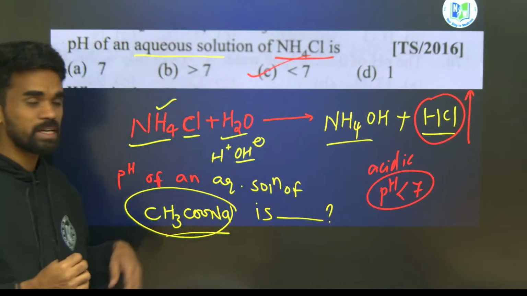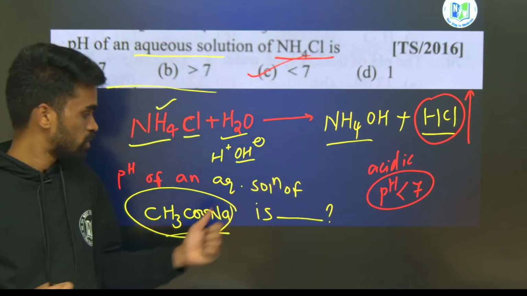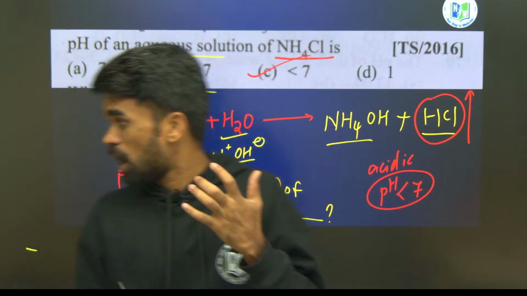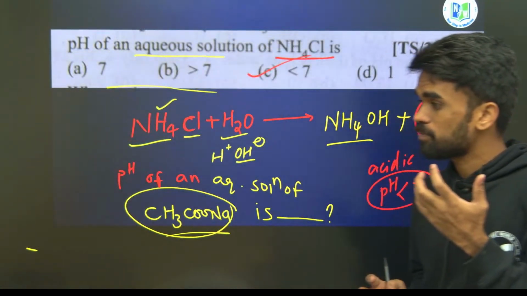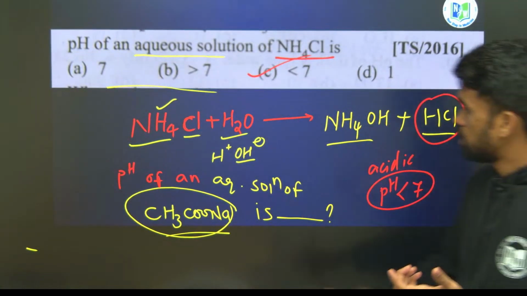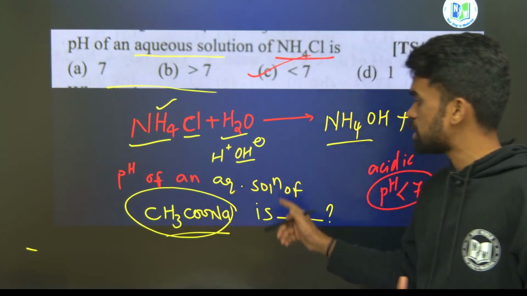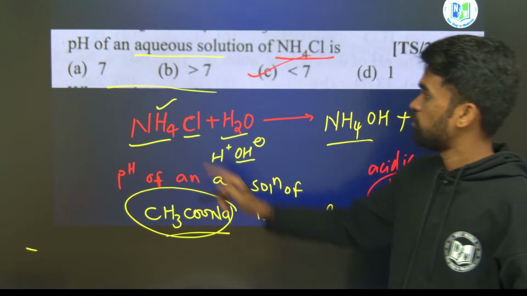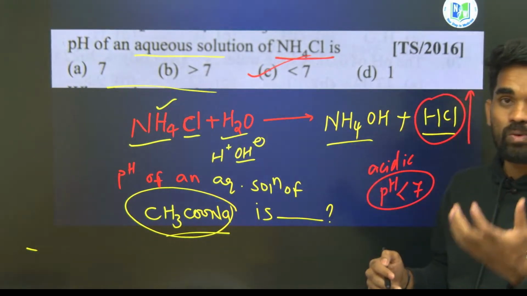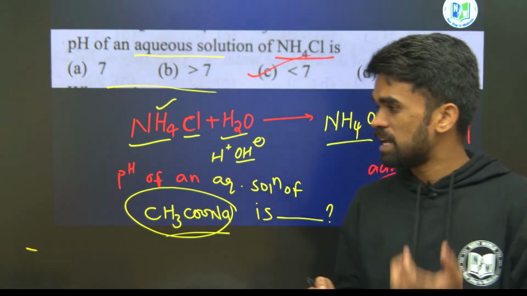Whether the pH will be greater than 7, same options I am giving for this question. So tell me your answer in the chat box, anyone. I want an answer for this question: the pH of an aqueous solution of sodium acetate will be? Which is the suitable answer? Whether equal to 7, greater than 7, or less than 7.